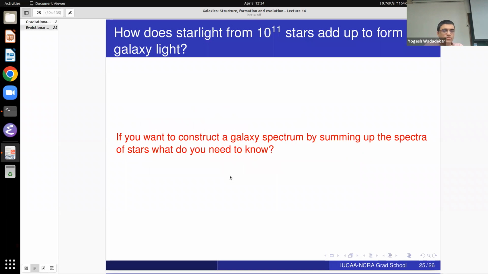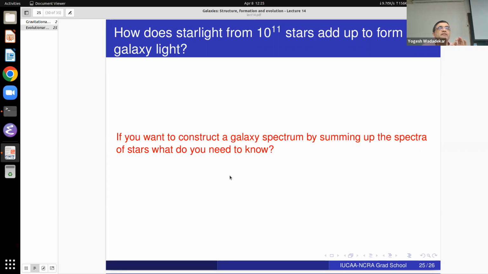Okay. So I will now introduce the next topic we are going to cover, which is called stellar population synthesis. We said that starlight comes from galaxies, and even if you have 10^11 stars, stars are very small compared to the distances between stars.